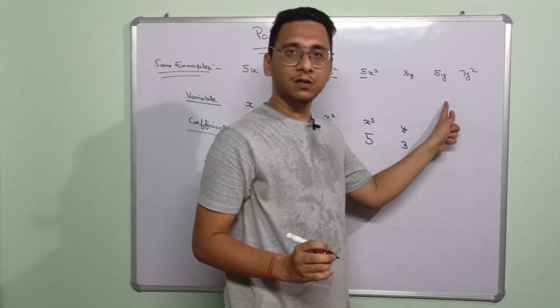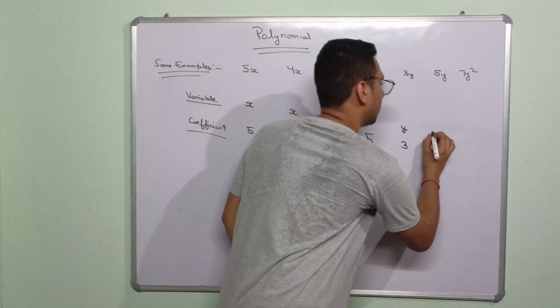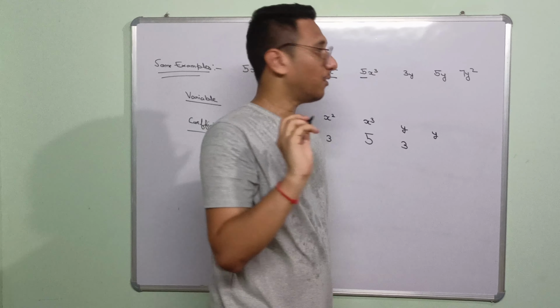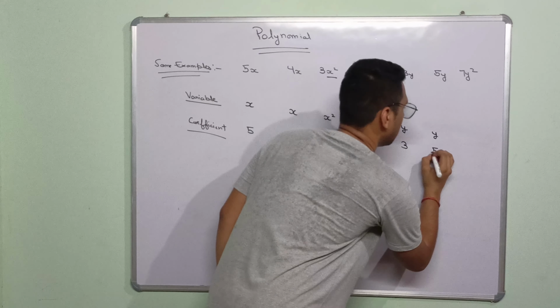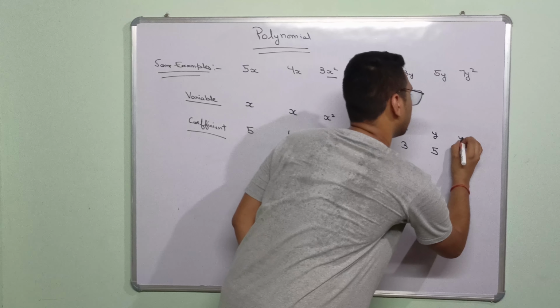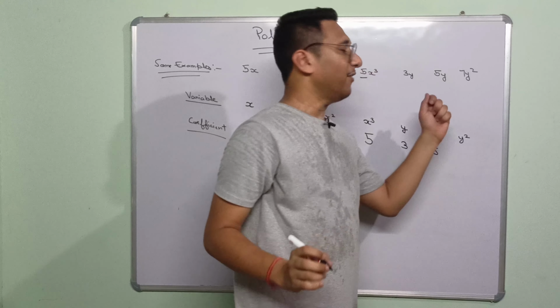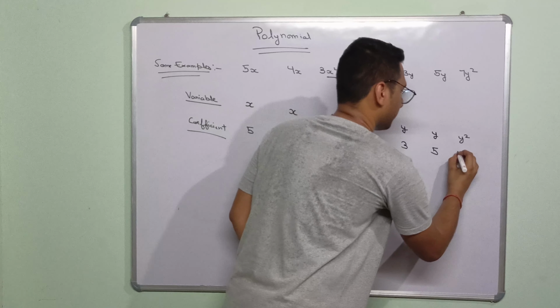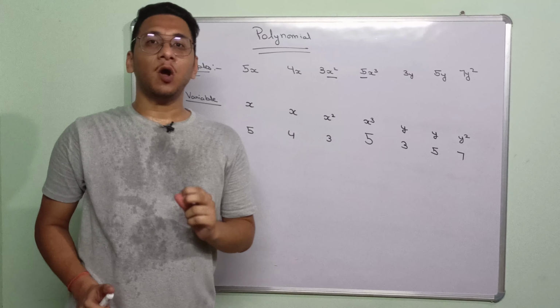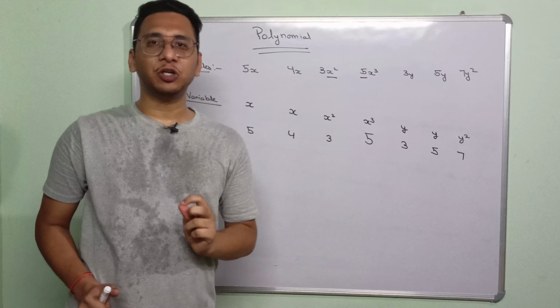Same with this example, the variable is y and the coefficient of variable y is 5. Again the variable is y square and the coefficient is 7. In this way we can find coefficient of any variable in any term.